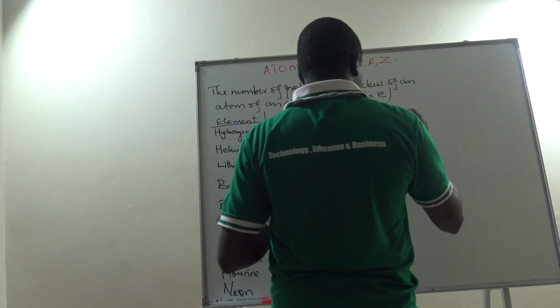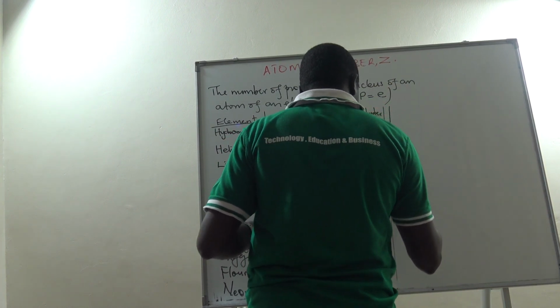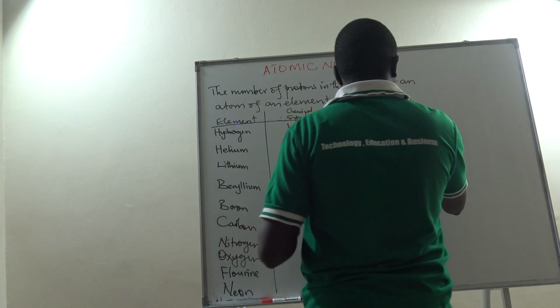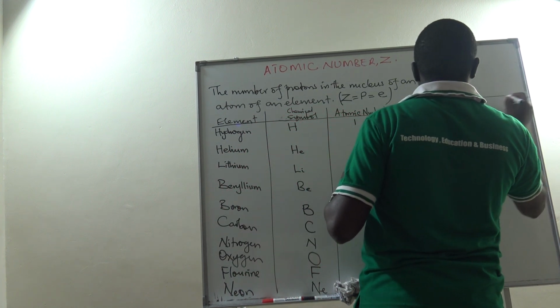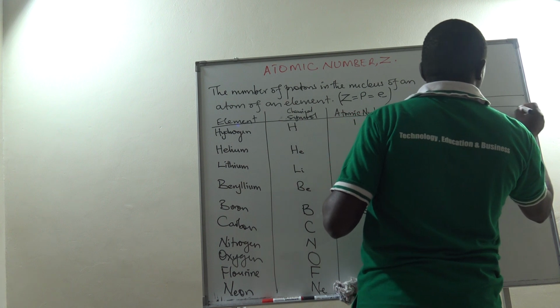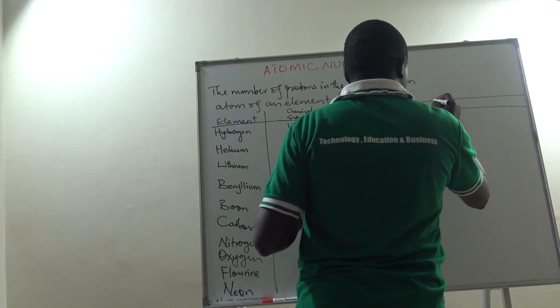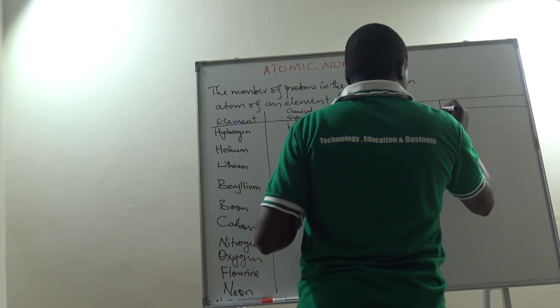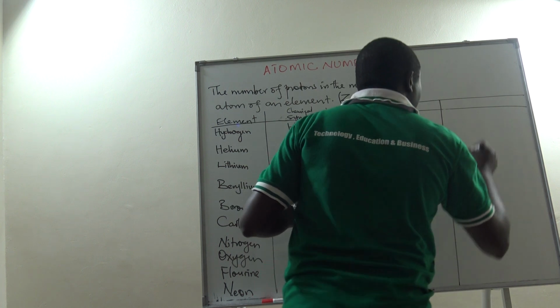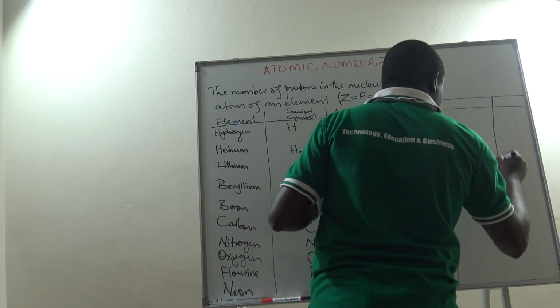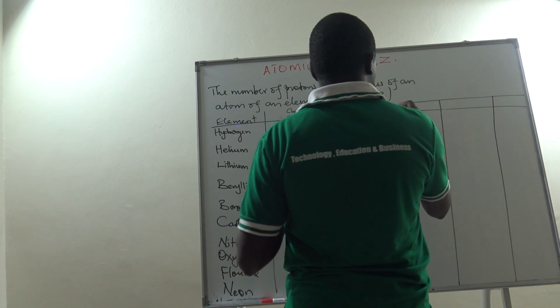So let's look at this table here also. So we have element, chemical symbol, and then atomic number.